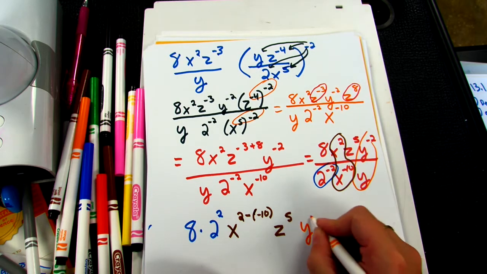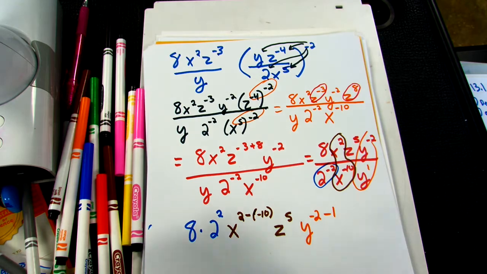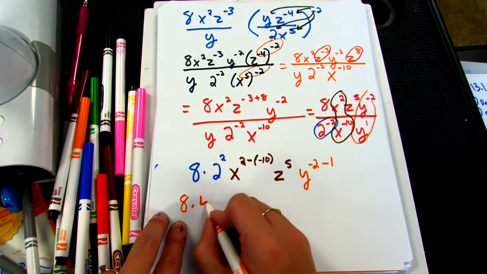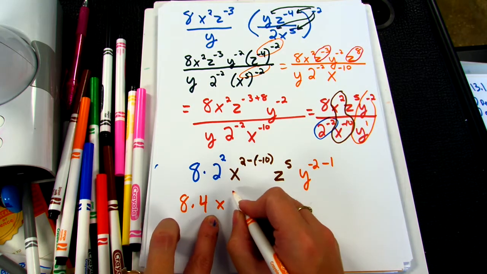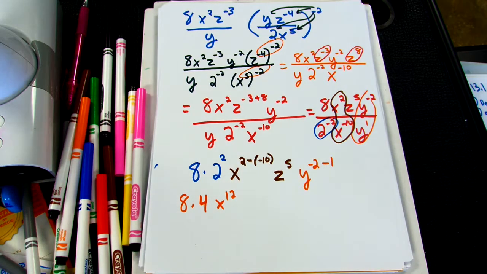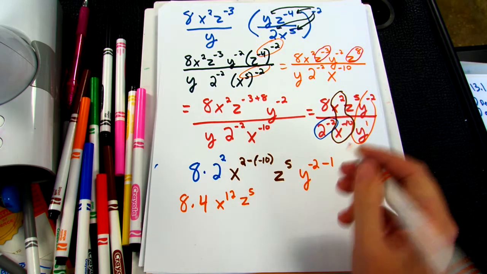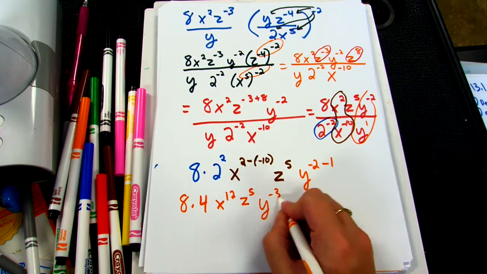So y to the negative 2 minus, and there's a 1 there, so minus 1. All right, so 8 times 2 to the 2nd power is 4. And then x to the 2 minus negative 10, so that's going to become x to the 12th. And then we have z to the 5th. And then negative 2 minus 1 is negative 3, so it'll become y to the negative 3.